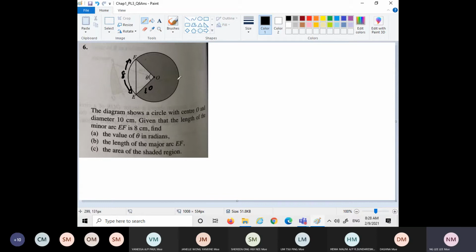Find the value of theta. Same like just now. So S equal to R theta. So S is 8. The R is 10. Then you find theta. Theta is 1.6.